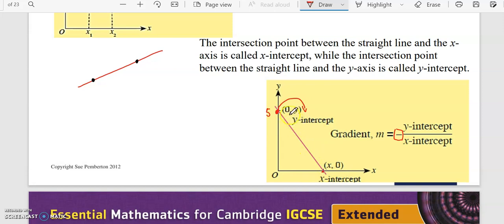Bila point lies on y-axis, x dia akan jadi kosong. Bila ada point lies on x-axis, y dia akan jadi kosong. Okay, and then bila pula ada satu line touch pula pada point tu, itu ialah y-intercept pada y-axis, dia intersect pula pada x-axis, itu we call it as x-intercept.